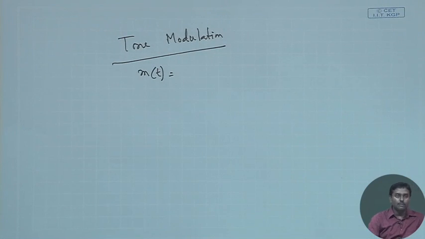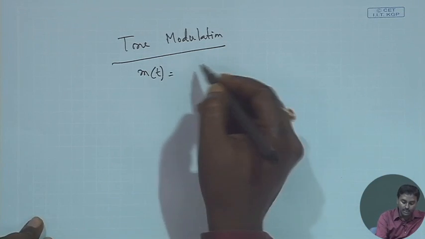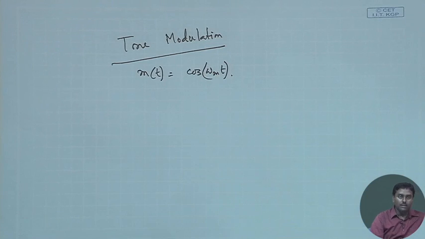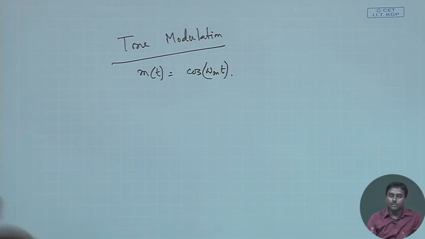Actual modulation will never be that, because the modulating signal, as we have already discussed, must have some randomness in it. If we just say it's cos omega mt, it is not carrying any information. But this is just to say how the modulated signal will look, what should be the frequency spectrum of it and all those things.